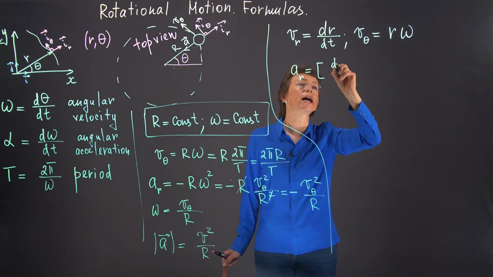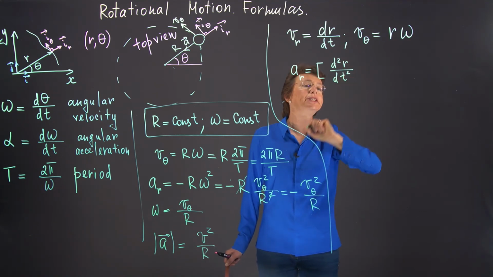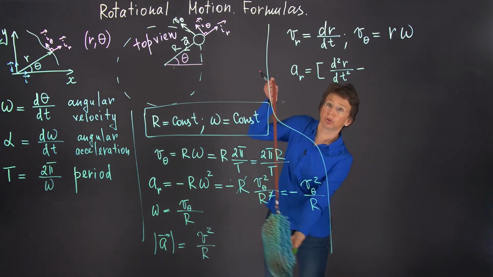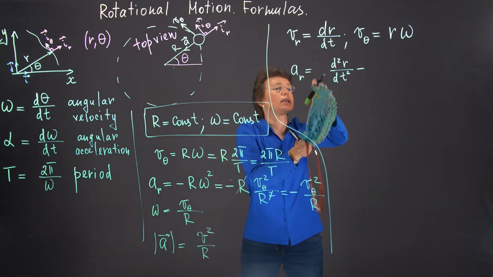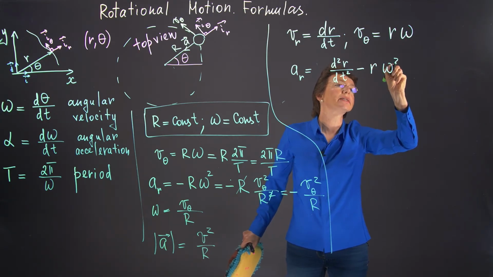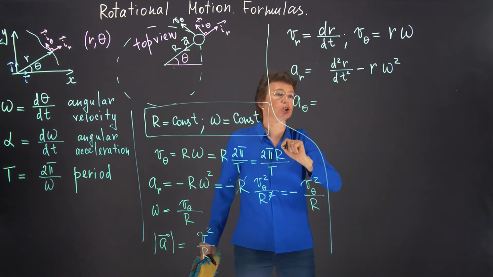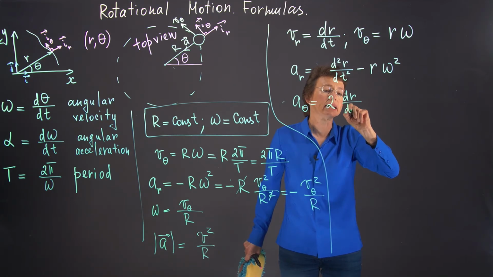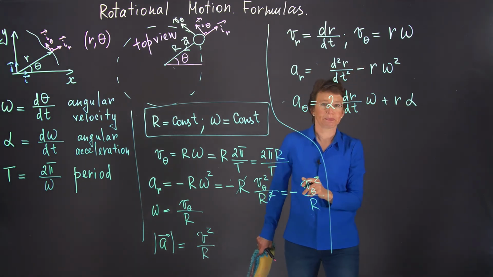So when we start solving problems, these formulas will be extremely helpful. d2r by dt squared minus r omega squared. This is a sub r. And a theta, tangential component of acceleration, will be 2 dr dt omega plus r alpha.